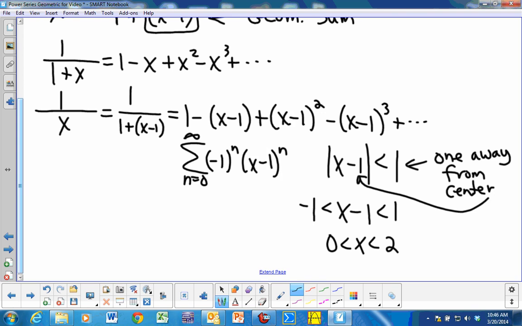That will give me 1 unit away from 1. And then you have to check the endpoints. Well, again, if you plug in 0, you'll have a negative 1 thing there, it's going to diverge. You plug in a 2, you'll have a 1 there. It's going to diverge because that limit will not be 0. All right, so we will finish the rest of these in class, and then we'll be done with power series.